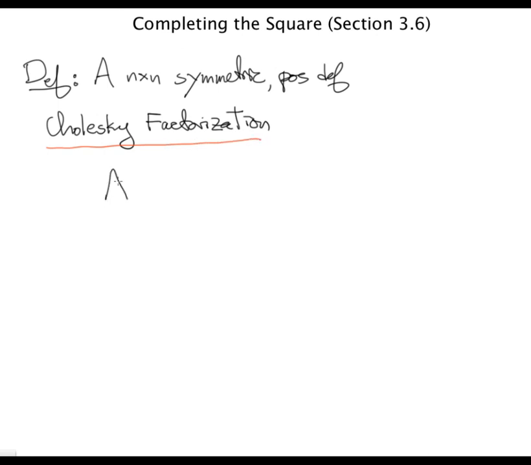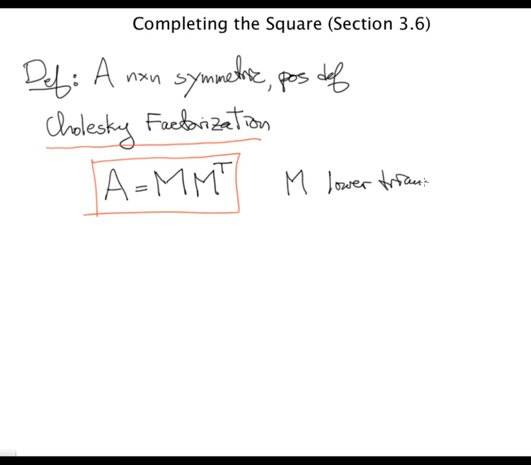You write A is equal to M times M transpose, where M is lower triangular with positive entries on the diagonal.